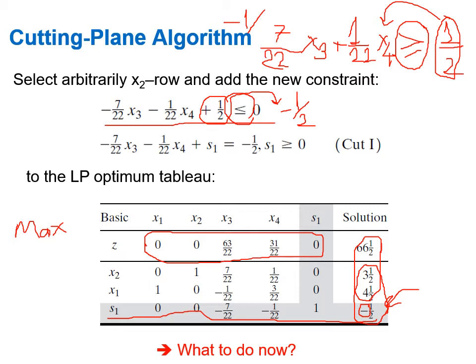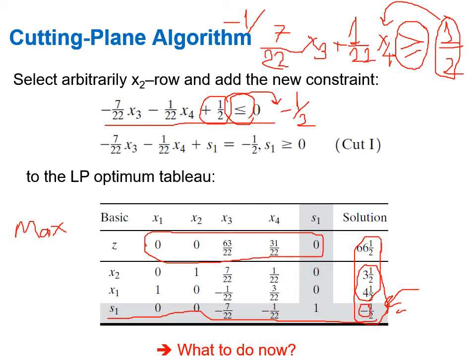It's not feasible because the right hand side is negative. So what does it do? It eliminates the previous solution. So can you understand it? By having a negative right hand side here, this solution is not feasible anymore, and we satisfy one of the conditions of a cut.